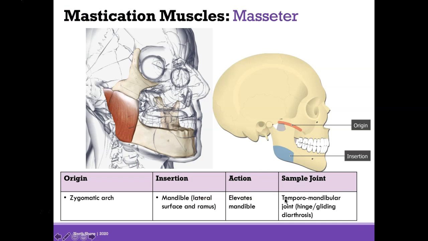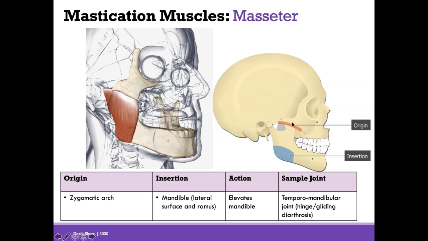So the joint of the mandible is the temporomandibular joint, which is like a combination of a hinge diarthrosis, because it goes up and down like a hinge, like open, close, but also a gliding, because we need this gliding motion as we chew. And the masseter originates at the zygomatic arch, and it inserts at the mandible.